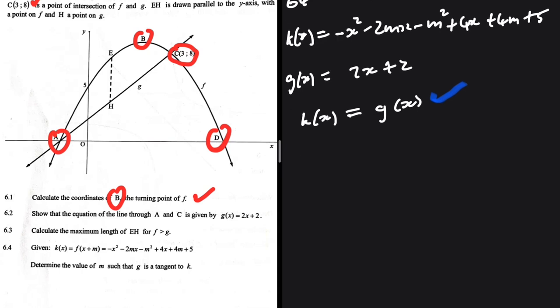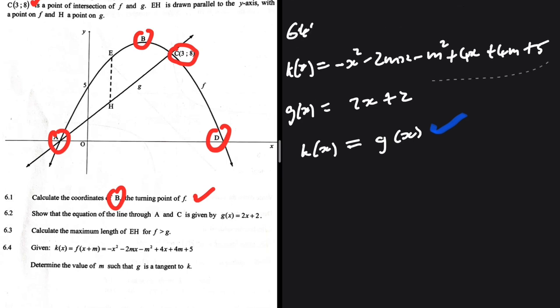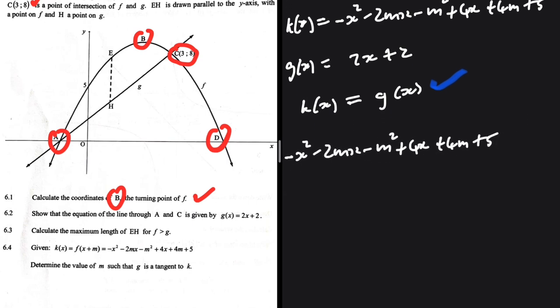So k of x is equal to g of x. What does that give us? Let me just copy k of x already because it's quite long and I don't want to rewrite it. So this is k of x, and I duplicate it and put it here, and then I equate it to g of x, which is 2x plus 2.